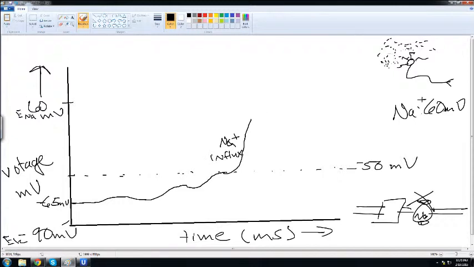And so when those channels inactivate, about here, we're just going to call this the inactivation period, there's going to still be a slight, just a residual increase, but there are other channels called voltage-gated potassium channels that are then going to open. Those voltage-gated potassium channels open because of similar properties.